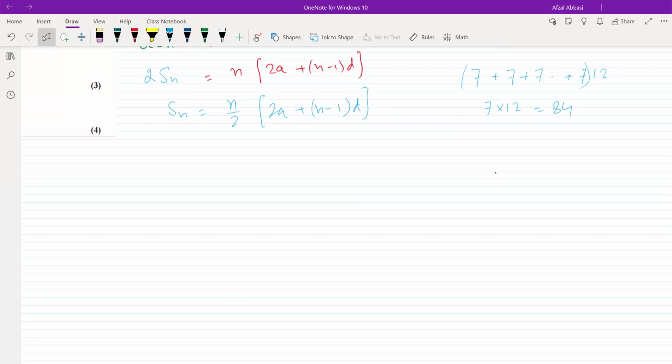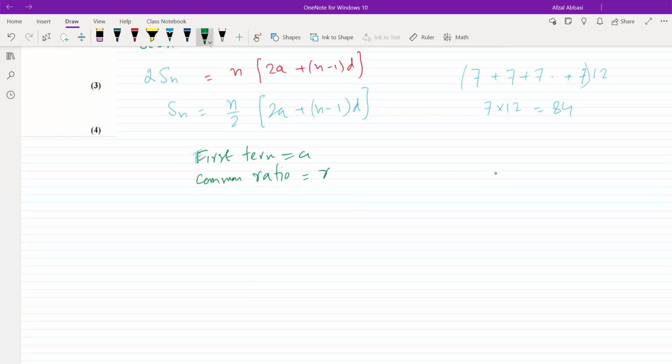So we know that in a geometric series, the first term is a. And instead of a common difference, we have a common ratio, because we multiply or divide the terms to get the next terms in a geometric series.